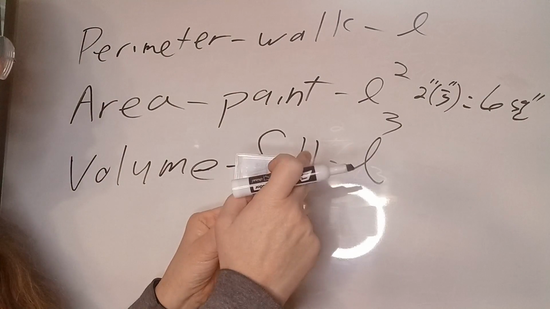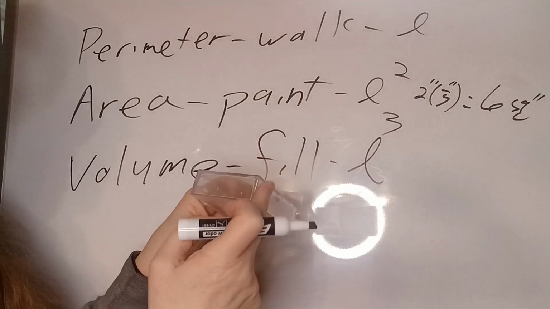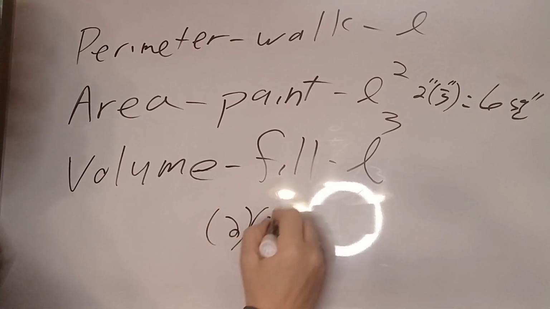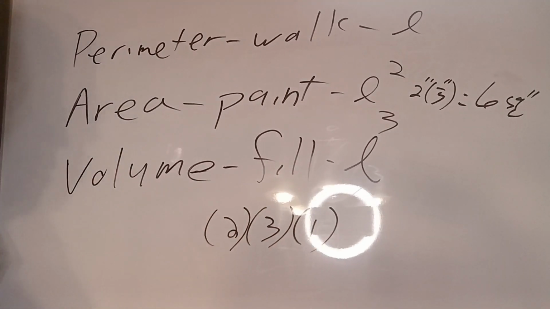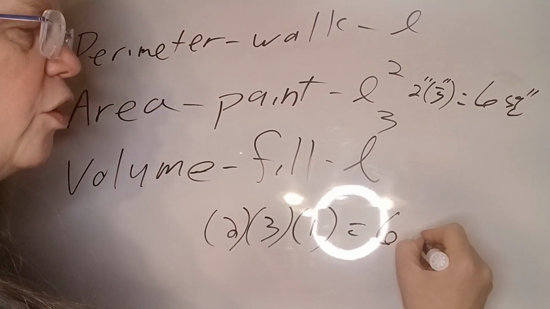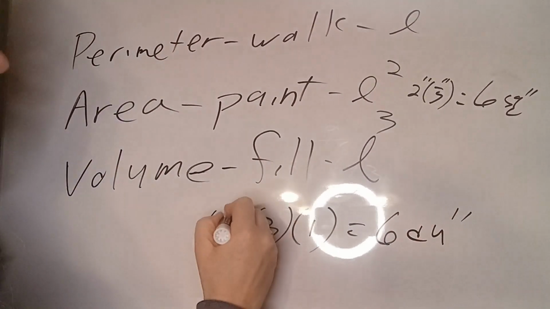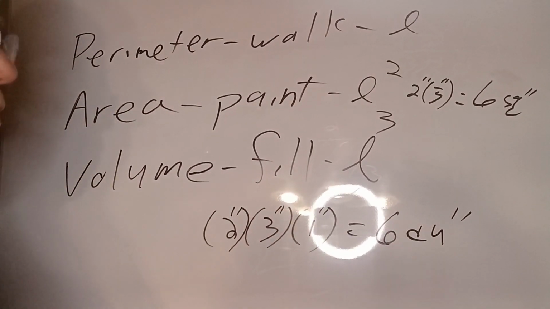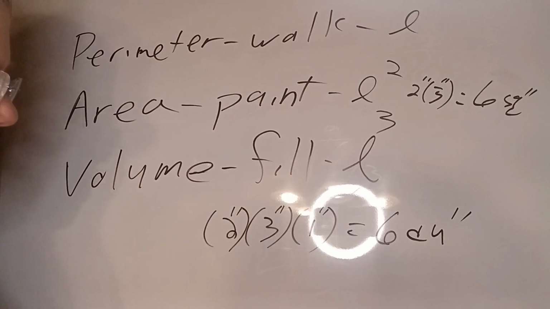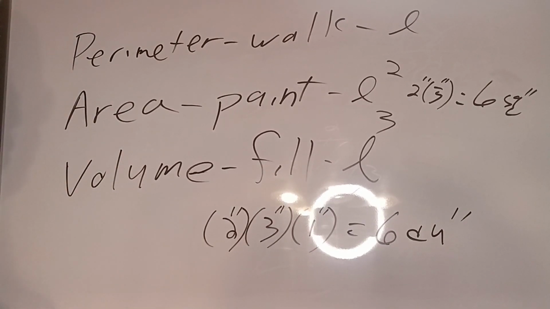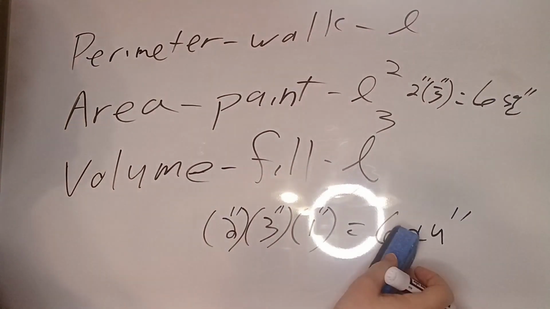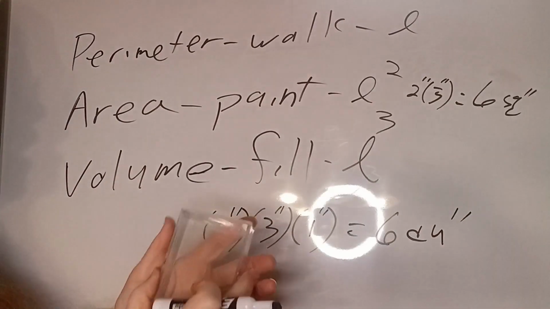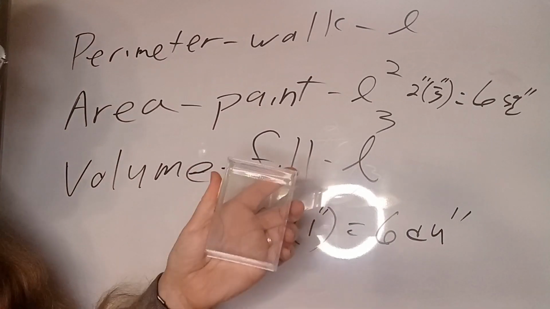If we said this was 2 and this was 3 and this was 1, we are multiplying 2 times 3 times 1. 6 cubic inches. These are inches. All right, this is square inches, this is cubic inches, because this one we're filling. And this one we're padding or painting.